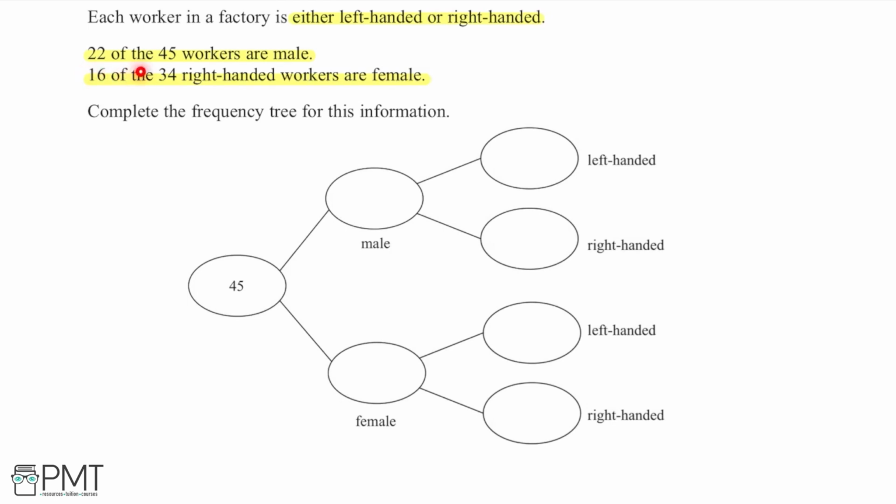So 22 of the 45 workers are male. Now this box here is for the total number of male workers, which we've just been told is 22, so I can fill that in initially here.